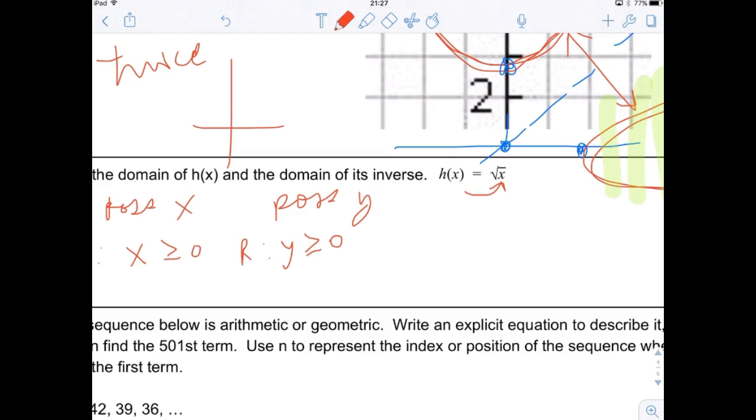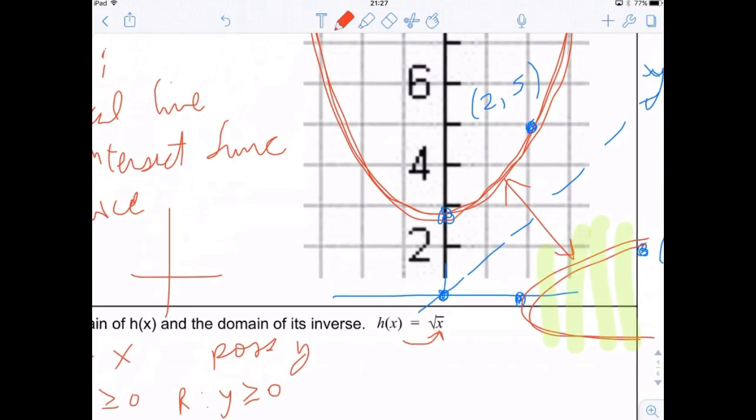Whenever you find an inverse function, basically you're turning the function on its side. So all the y's become x's and all the x's become y's. The domain of the original function becomes the range of the inverse. The range of the original function becomes the domain of the inverse.